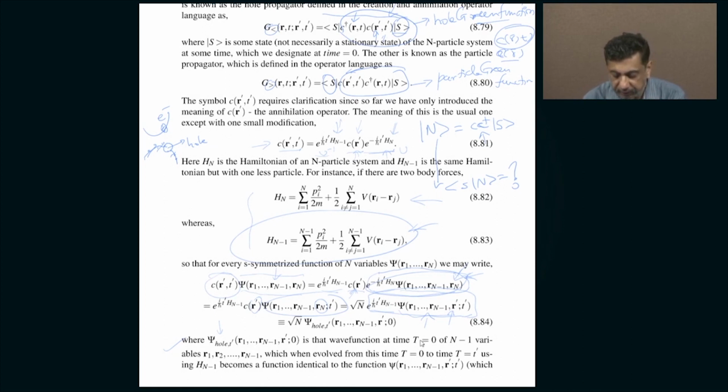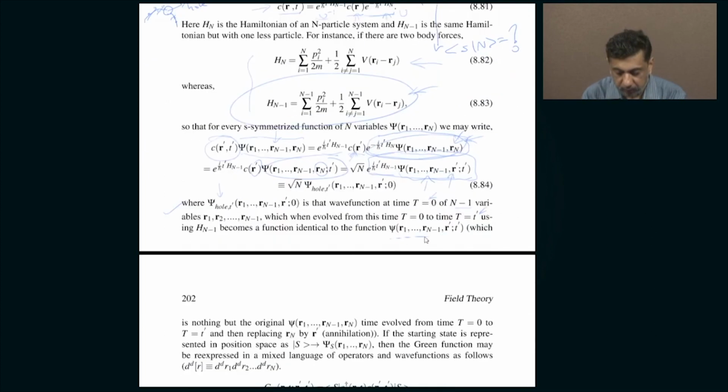It is that wave function at time t equal to 0 of n minus 1 variables r 1, r 2 up to r n minus 1, which when evolved from t equal to 0 to t equal to t dash becomes identical to this function.